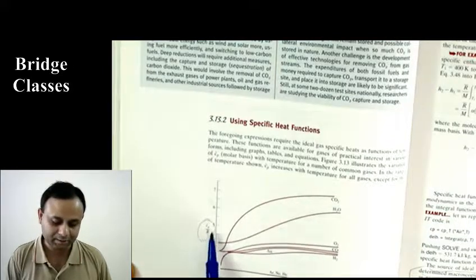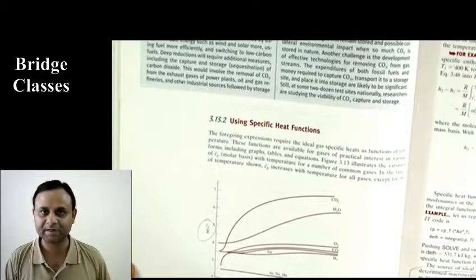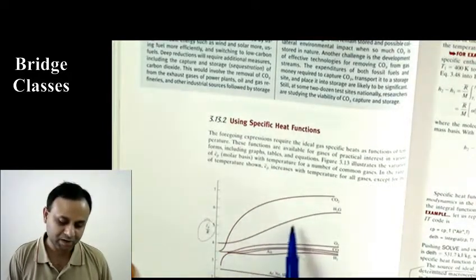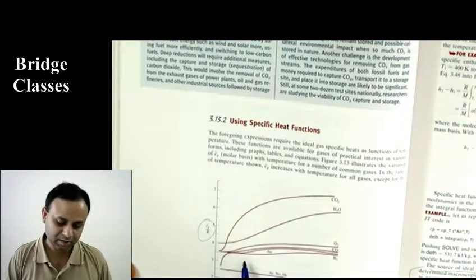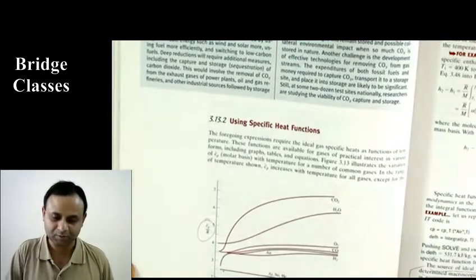And you look at how Cp over R changes with temperature for different gases. This is for CO2, this is for water, for oxygen, hydrogen, and this below here is for monoatomic gases. Actually, better is I just draw and show you.